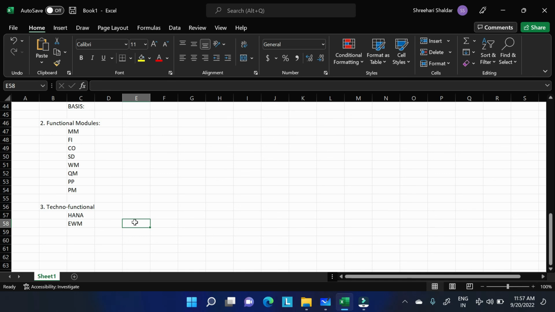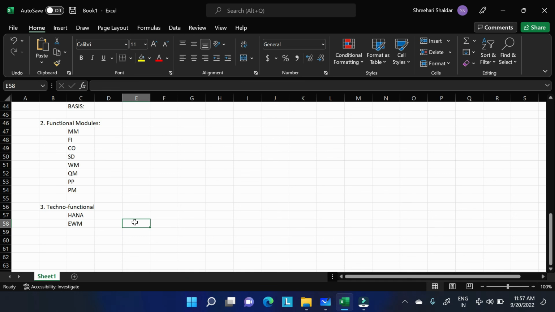The importance of extended warehouse management is how to deal with inbound and outbound delivery. And there are so many different aspects that come into EWM. Like that they have come up with different technologies over here.